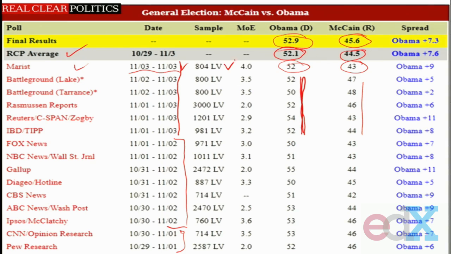The Marist poll was based on 804 LVs, likely voters. The battleground was based on 800. This one based on 800. 3,000. I think that was the largest one. Yes, indeed. 1,200, 900, 971. On average, each one of these polls was based on a sample of size about 1,000.